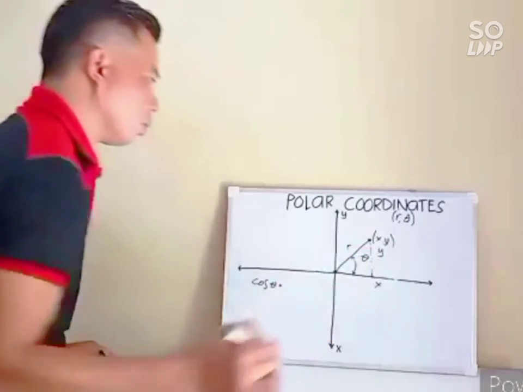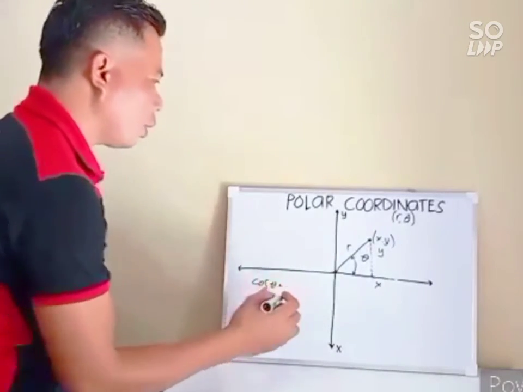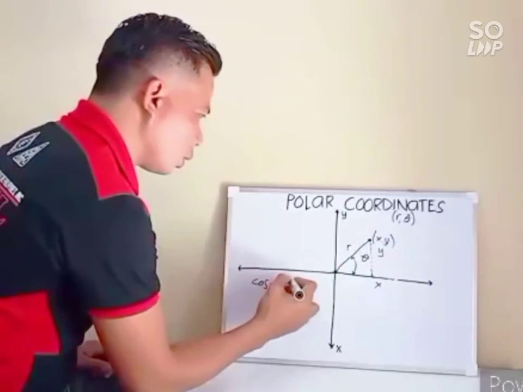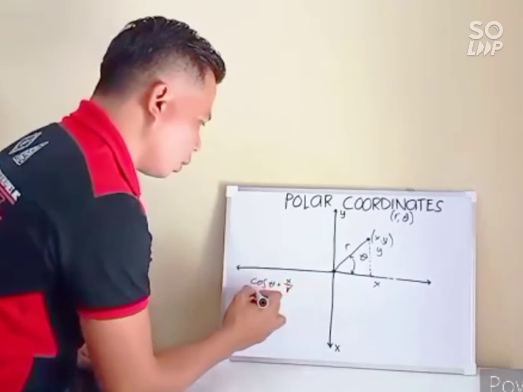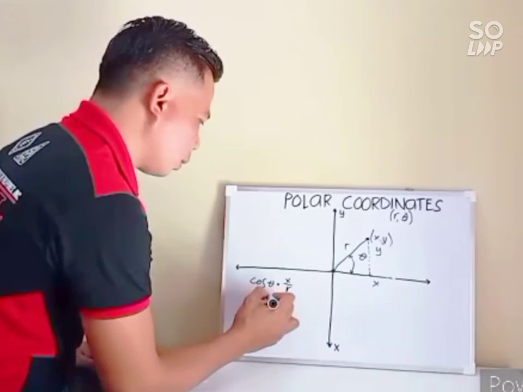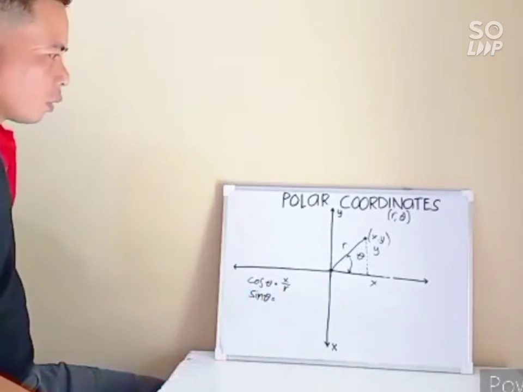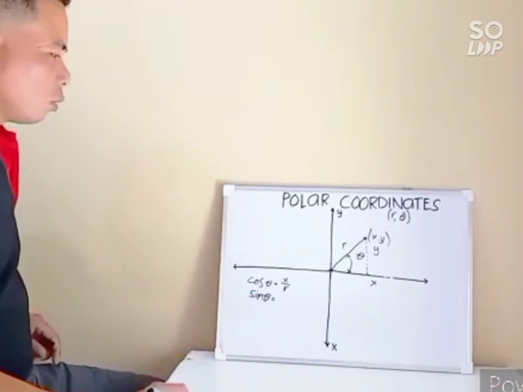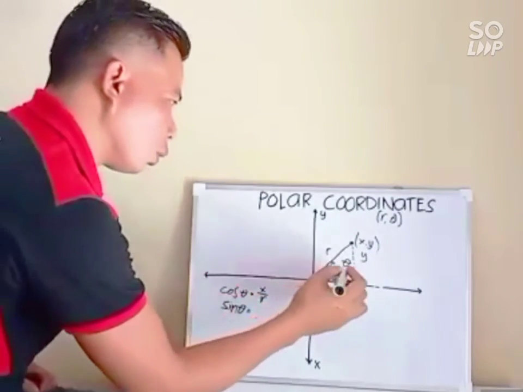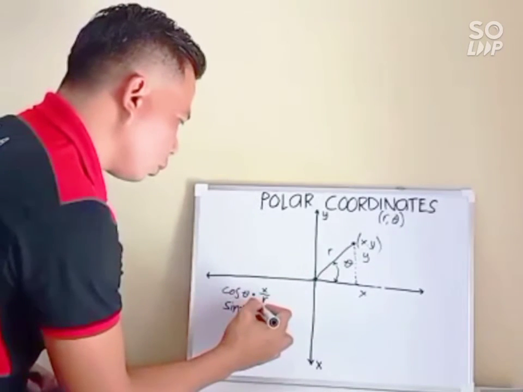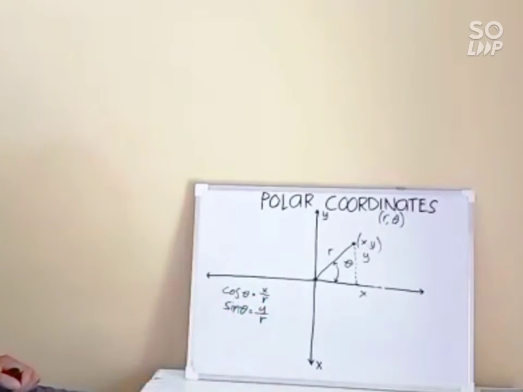So our cosine theta can be defined as x over r, while our sine theta is opposite over hypotenuse, so y over r.